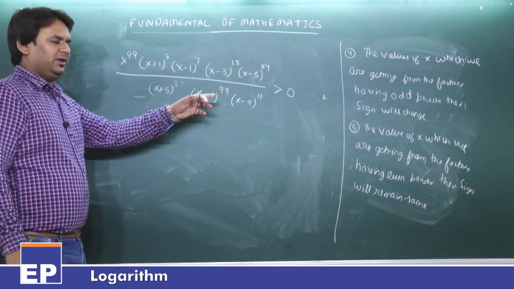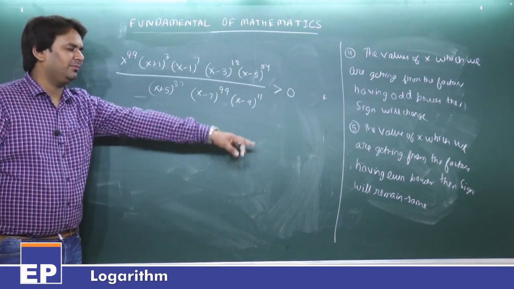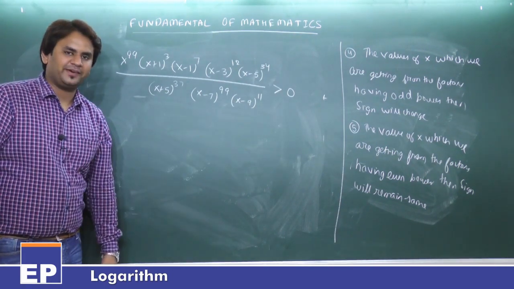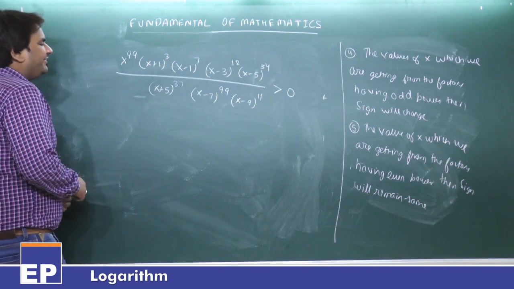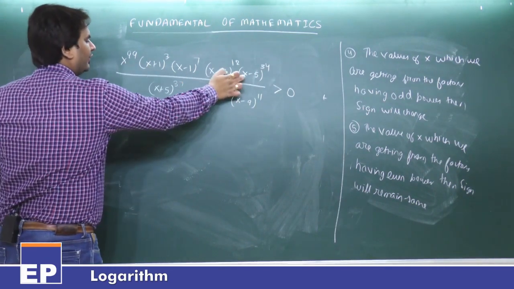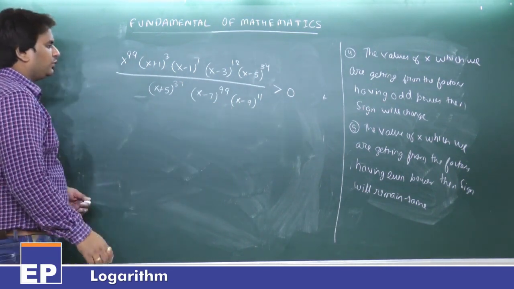Here I am using this symbol, and I have told you earlier, if you are using this symbol, then you have to use open brackets. Okay, there are how many factors? 1 factor, 2, 3, 4, 5, 6, 7, 8. There are 8 factors total present.